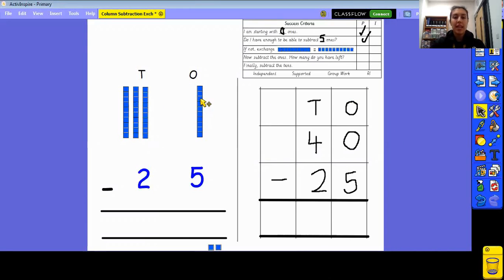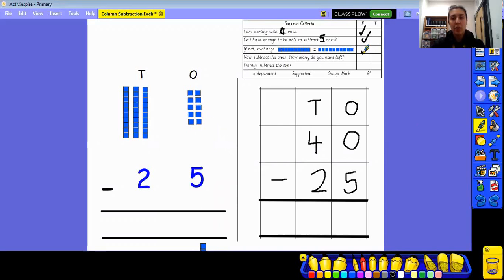But it can't stay like that because only 1s are allowed in my 1s column. That means I need to make an exchange for 10 1s. There we go. And now I've got plenty of 1s to be able to subtract 5. If you know your number bonds to 10, you should know that 10 take away 5 leaves us with 5.